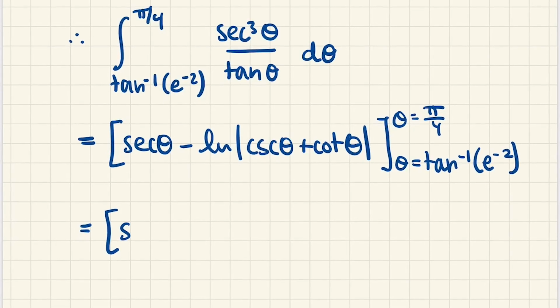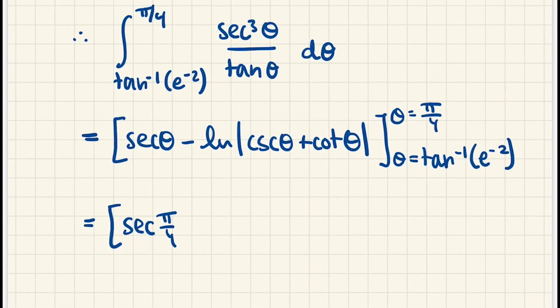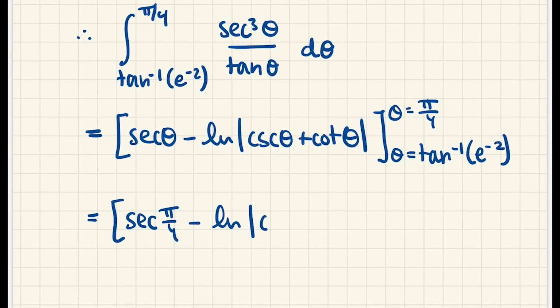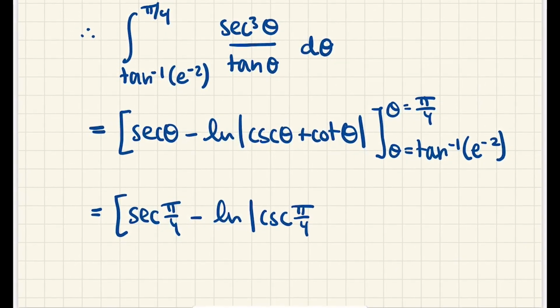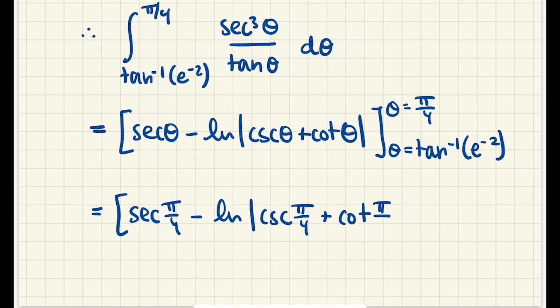So we have secant of pi over 4 minus ln of cosecant of pi over 4 plus cotangent of pi over 4. And we are subtracting everything with inverse tangent of e to the negative 2 plugged in.